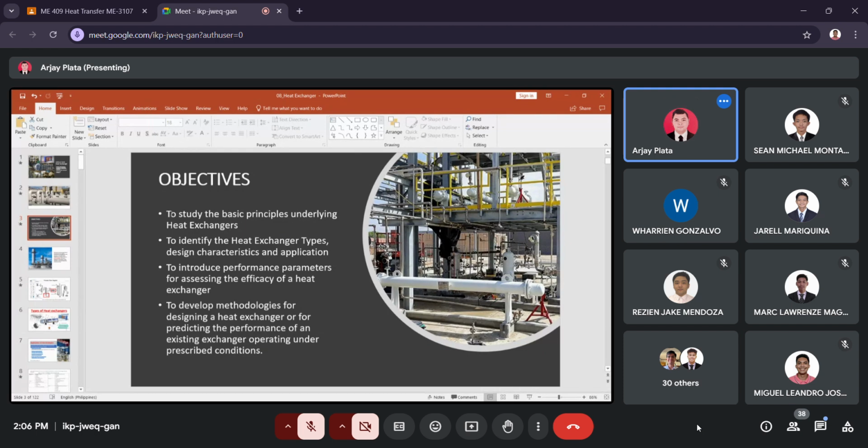So, today we will study the basic principles underlying heat exchangers, to identify the heat exchanger types, design characteristics, and applications, to introduce the performance parameters for assessing the efficacy of a heat exchanger, and to develop methodologies for designing a heat exchanger or for predicting the performance of an existing exchanger operating under prescribed conditions. So this is our objective for today.